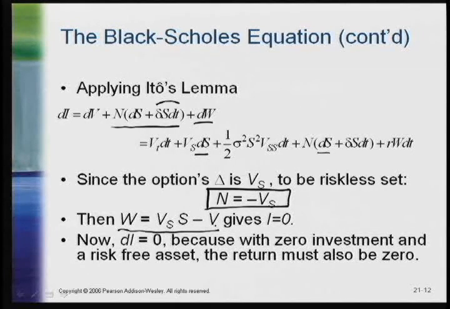If I have a zero investment with no risk, then the only way that can avoid being an arbitrage is for it to be identically zero in the future, just as it was in the start, because it's risk-free. And so when I collect this equation of DI, the coefficient of DT has to be 0.